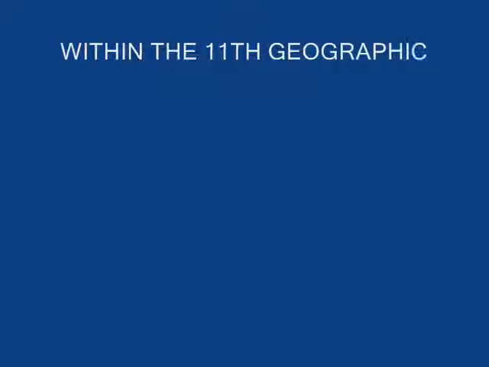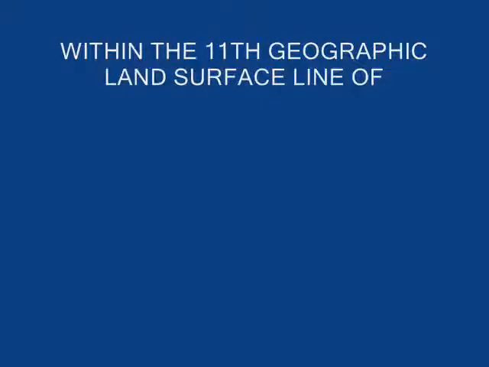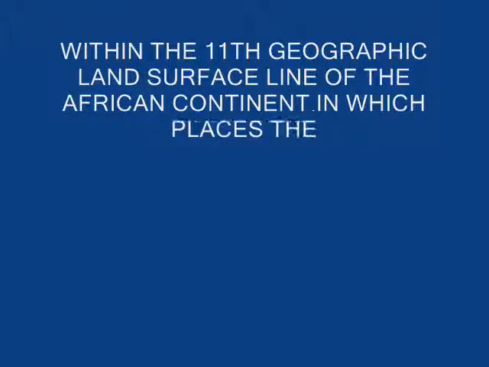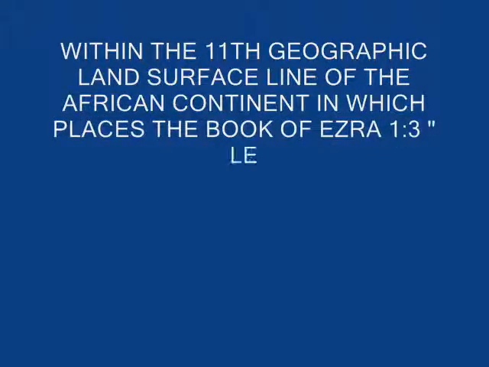As the 72 Greek and Hebrew scholars flew to the 11th and 12th area view African continent geographic land surface line where Judea and Jerusalem is located, they started studying the Qumran cave Islamic Aramaic Dead Sea Scrolls, which was the language of the Ethiopian children of Judea and Jerusalem.